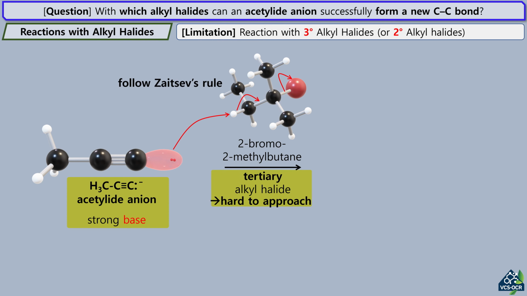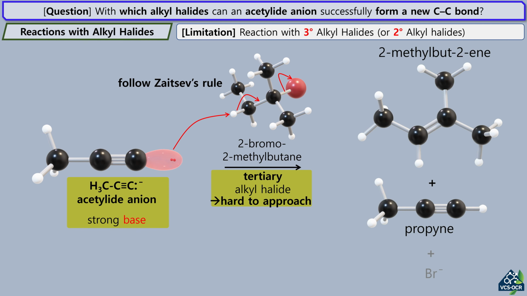Instead, the acetylide removes a nearby hydrogen atom, leading to an elimination reaction that produces a Zaitsev-favored alkene, rather than the desired chain-extended alkyne. We will cover the detailed mechanism of this reaction in a future video on E2 reactions.